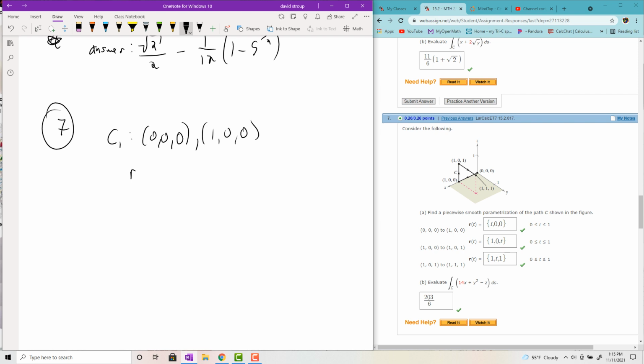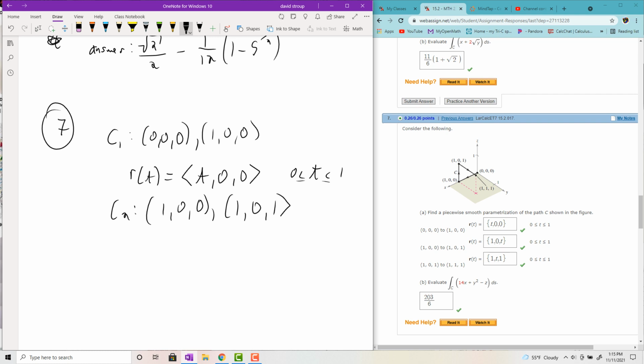So the first curve, it's just going to be t, 0, 0 when the parameter goes from 0 to 1. C2, it's going from 1, 0, 0 to 1, 0, 1. So R of t in that case will be 1, 0, t, sorry.